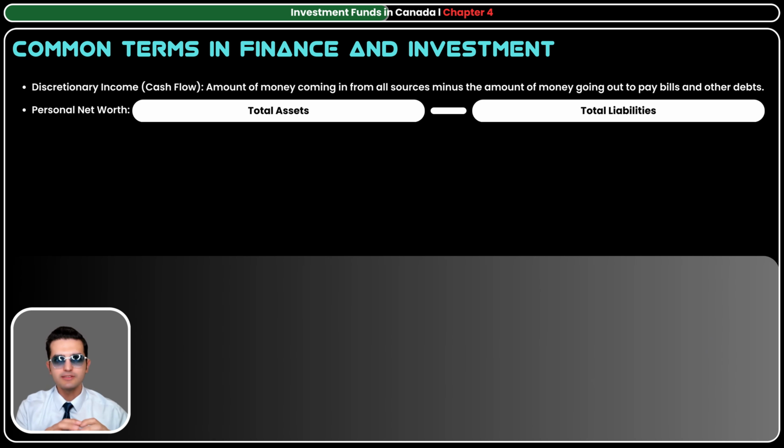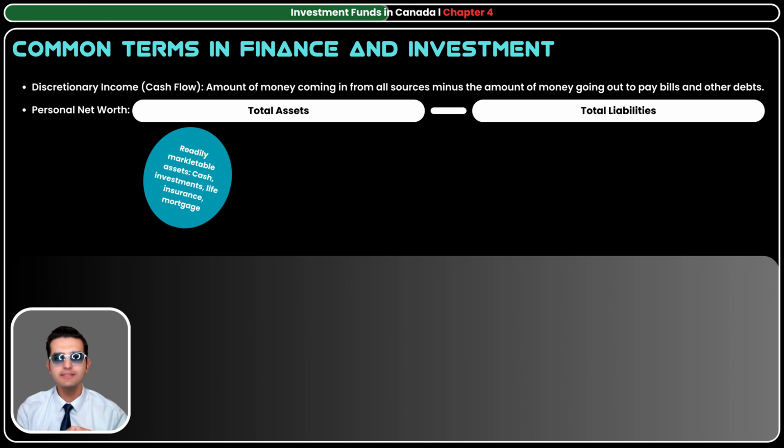Let's get into details. We have different types of assets. To be exact, 3 types of assets. Asset type number 1, readily marketable assets. Like what? Like cash, investments, life insurance, mortgage. These are liquid. We can access them right away.